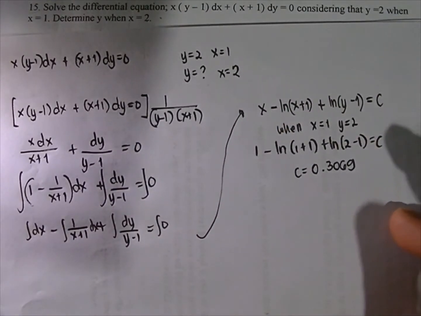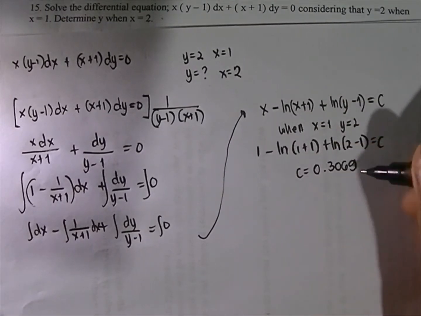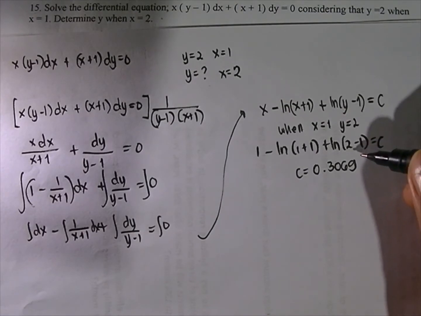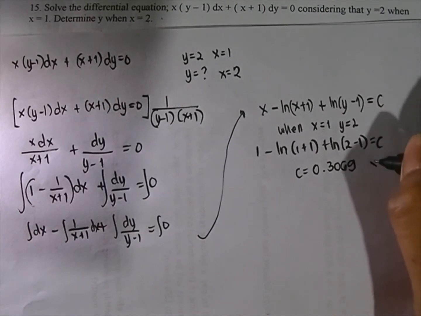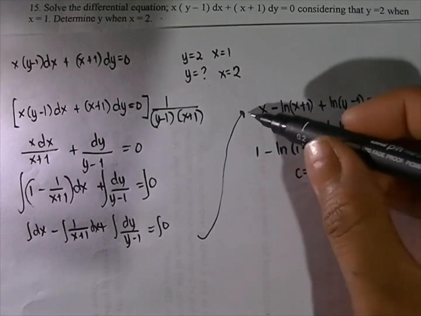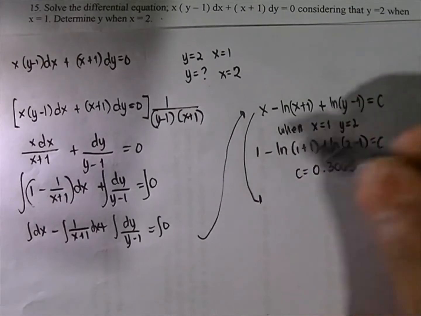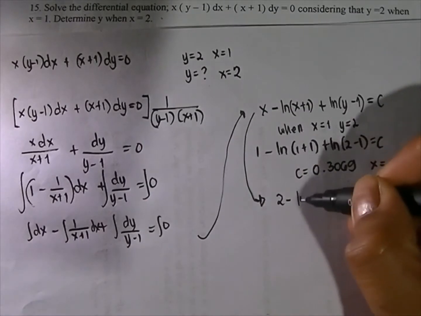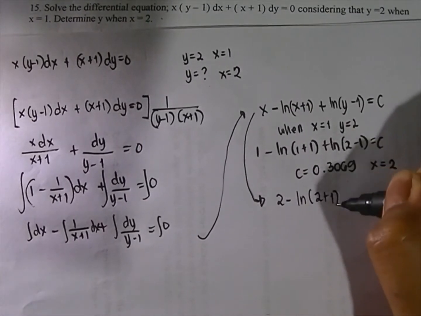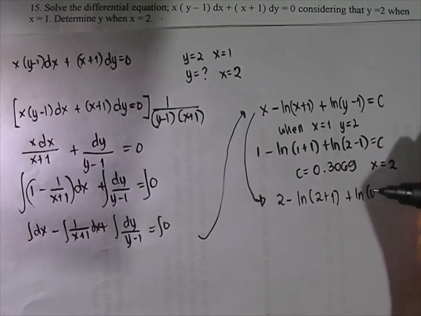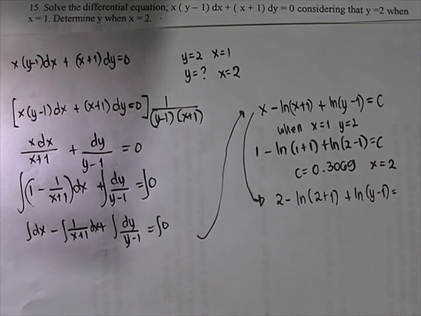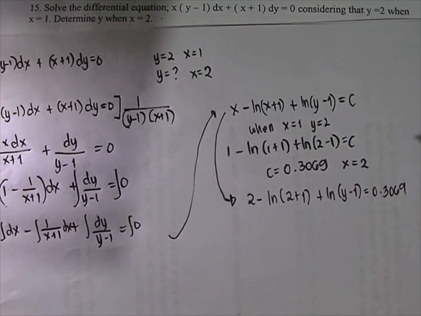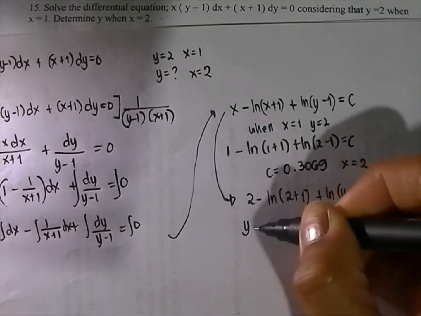So when c is 0.3069 and x equals 2, substitute here to find the value of y. So we have 2 − ln of (2 + 1) + ln of (y − 1) equals c, 0.3069.